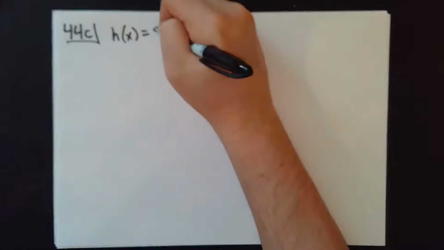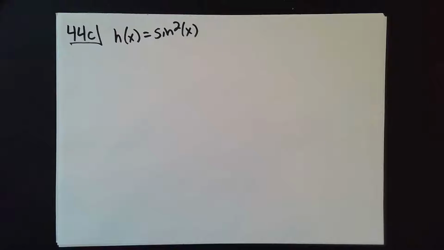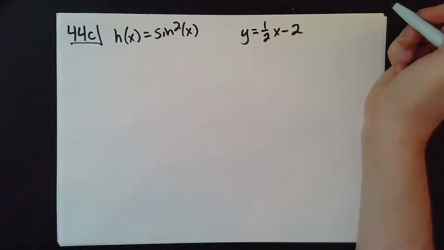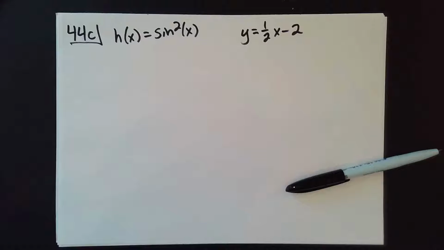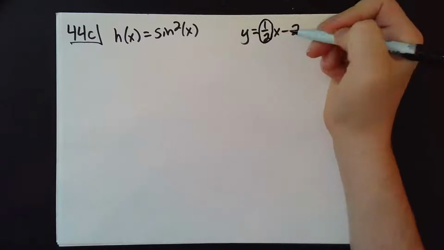Here h of x is sine squared of x, and the line is y equals 1/2 x minus 2. So we need to take the derivative and set it equal, in this case, to 1/2 and solve it.